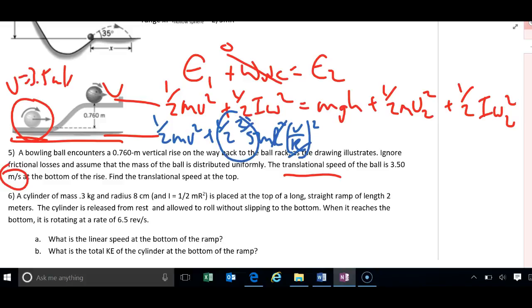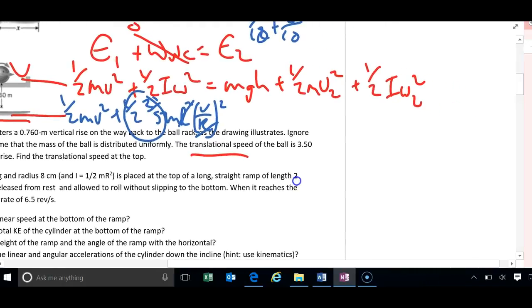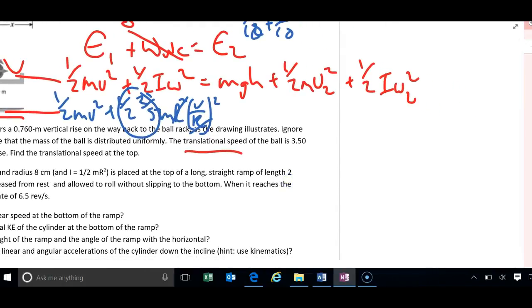So 1/2 plus 2/10. I feel like I should know this. We've done it enough. That gets me 7/10, as you can see, my little work up above there. So on the left side of the equation, I have 7/10 mv squared. Now, that velocity is known. Mass isn't known, so I sure hope it cancels.